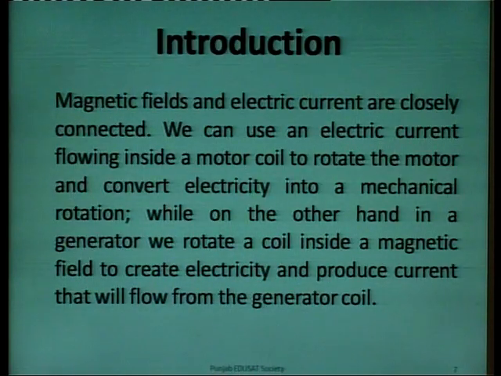When the electric current passes in the coils of the electric motor, it will convert the electrical power into mechanical power, and on the other hand, if we put the mechanical power in the generator, then we will get electric current as output, that is due to the magnetism.